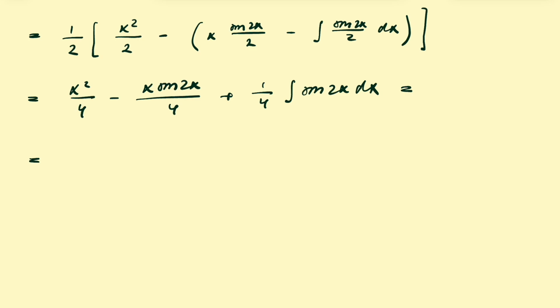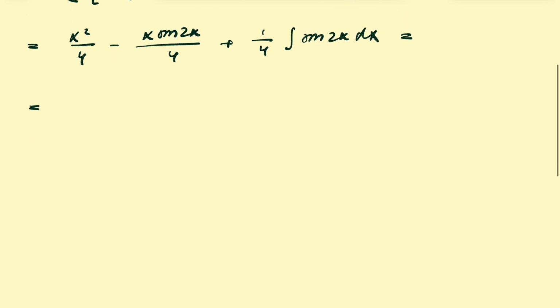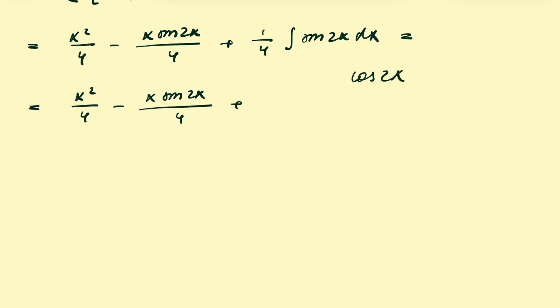And finally we have our result. It's x squared over 4 minus x times sine of 2x over 4 plus, now antiderivative of sine of 2x is cosine of 2x over 2, and we have minus here, right?